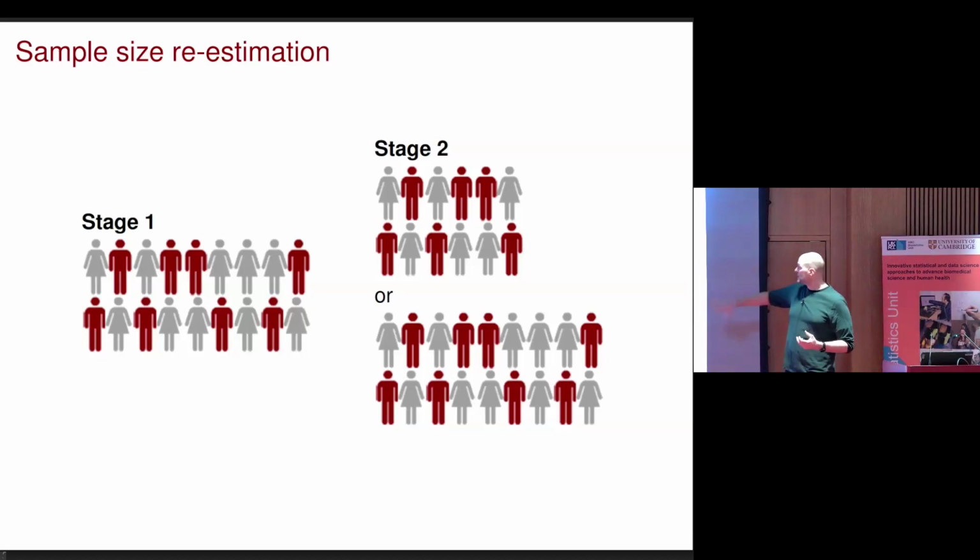I'm going to, in my illustration here, increase the sample size, maybe because there's more uncertainty in my outcome than I was expecting. And therefore, rather than running a study that's underpowered and therefore is not going to answer reliably the question that I'm posing, I'm going to increase the sample size in order to make sure that the study has the chance to answer the question that it was set out to answer.